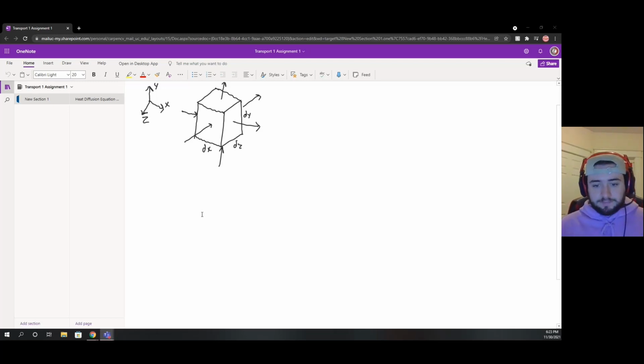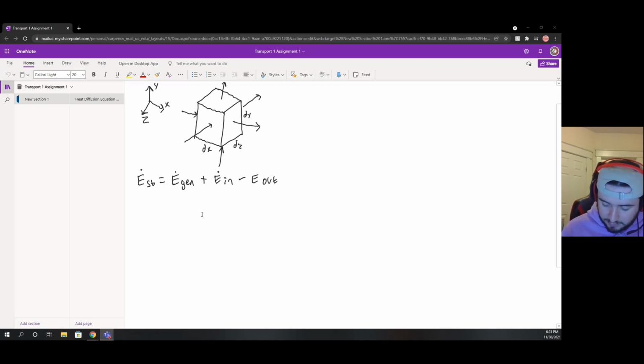So starting off with the main equation that we're going to use, the most broad equation: the energy being stored in that set volume equals the energy being generated in that volume plus the energy going in the surface minus the energy going out of the surface.